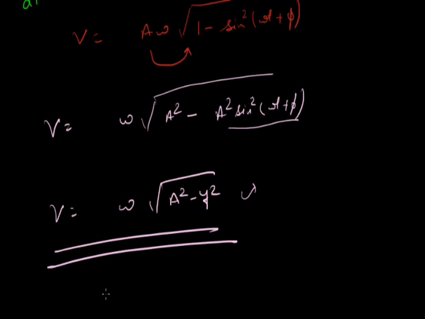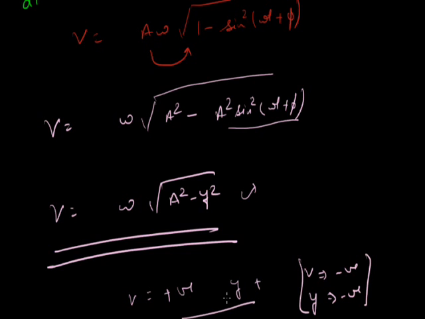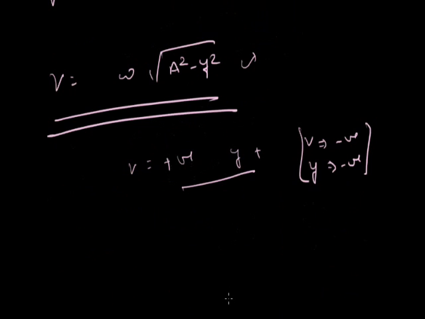If y is negative, then v is also negative. That means v is positive for y positive, and v is negative for y negative, right?